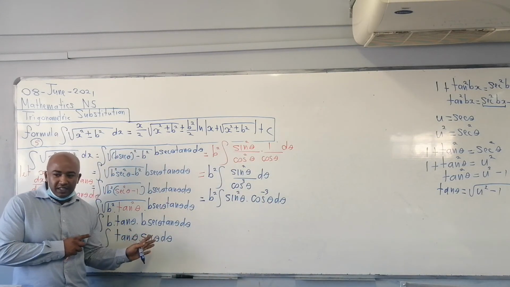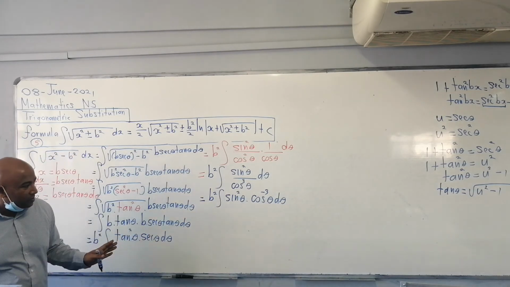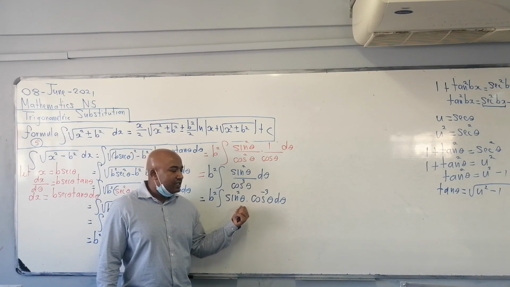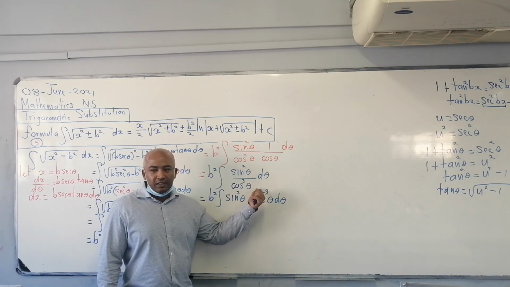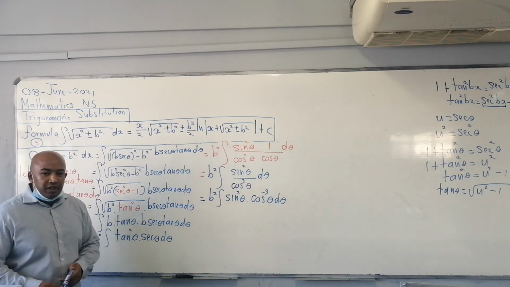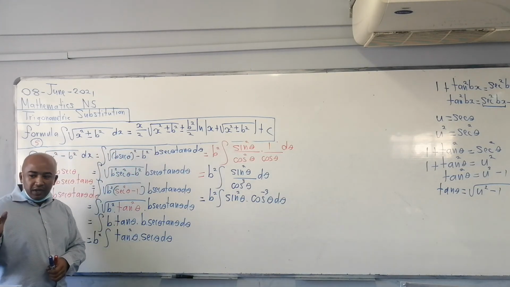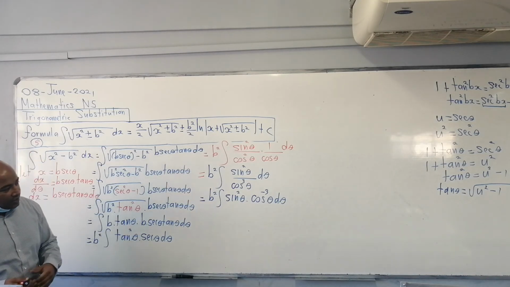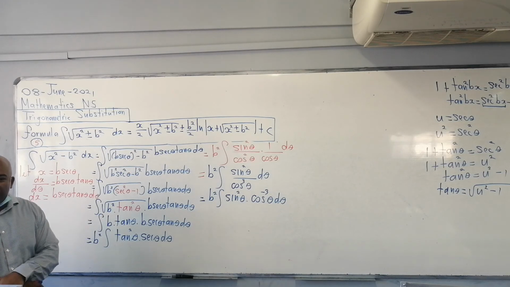So option 1, letting u equal sec, doesn't work. Now look at this option: sine squared times cos to the power minus 3. Remember that when you have an odd power, you split your odd power. Can you split up your odd power?